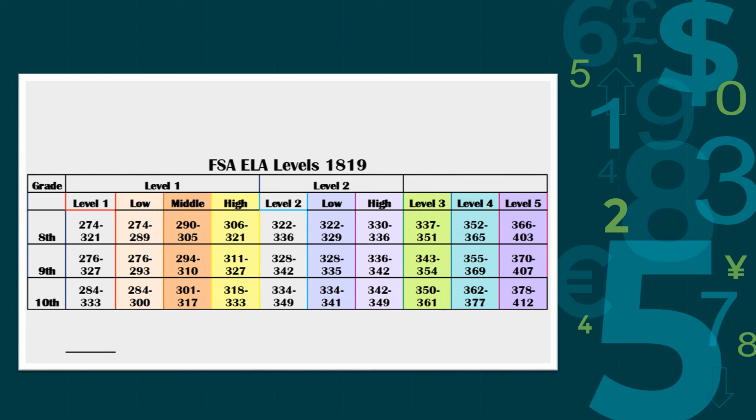So do notice if you scored a 343 in 9th grade, you're on grade level. However, if you score a 343 in 10th grade, it bumps you down to a high level 2. And in 10th grade, this is when you obviously are testing for your graduation benchmark. So you would not be on grade level, you would not get a passing FSA score.